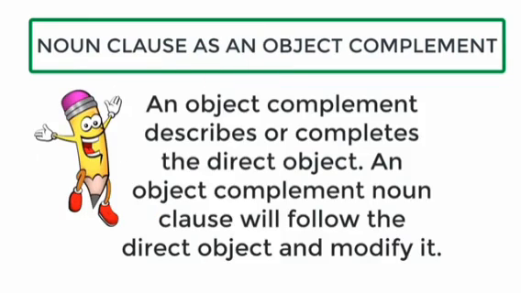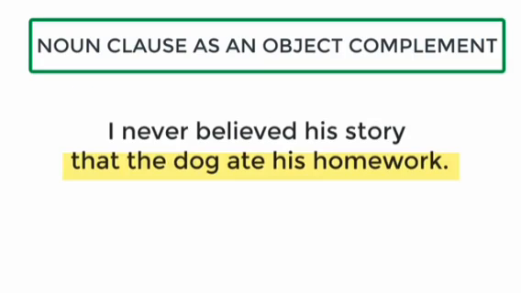A noun clause as an object complement. An object complement describes or completes the direct object. An object complement noun will follow the direct object and modify it. For example, I never believed his story that the dog ate his homework. That the dog ate his homework is describing his story there, his story being the object.